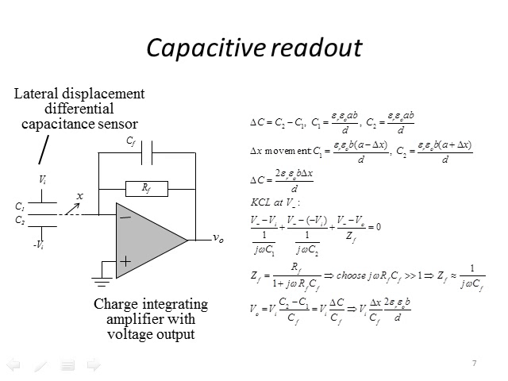And then once you have this expression, maybe you will have to put in some values to see what kind of displacements you can resolve with this type of sensor.